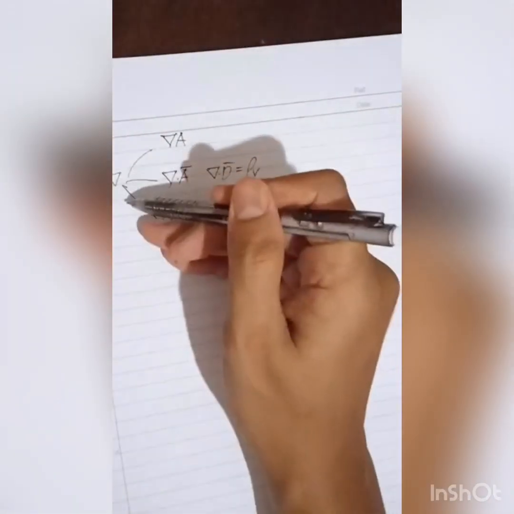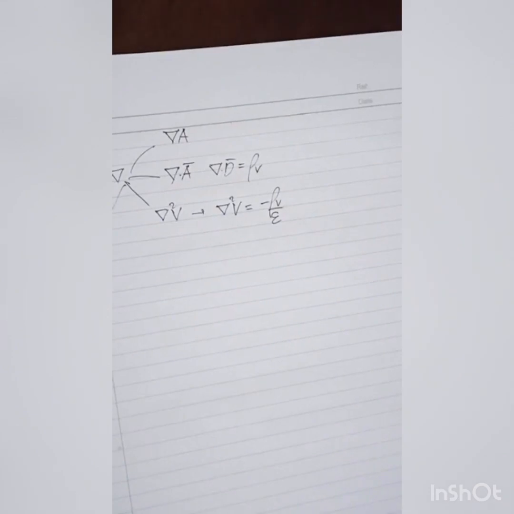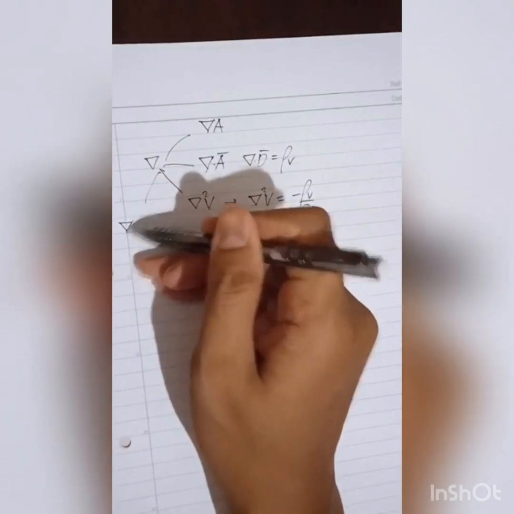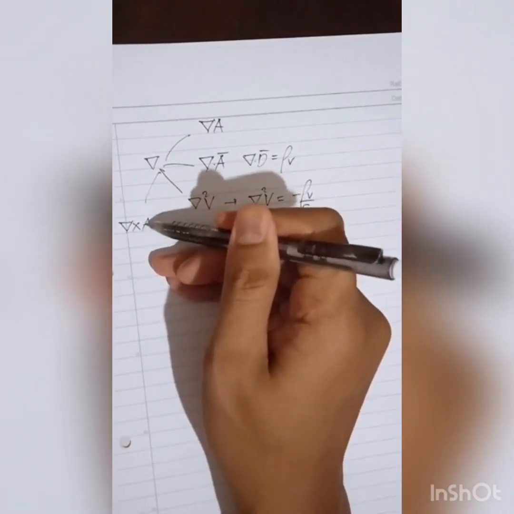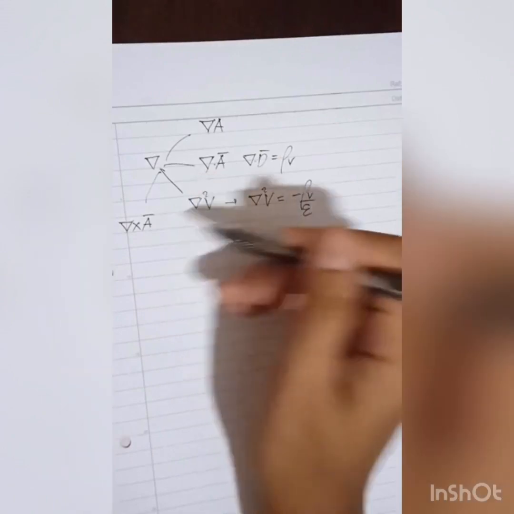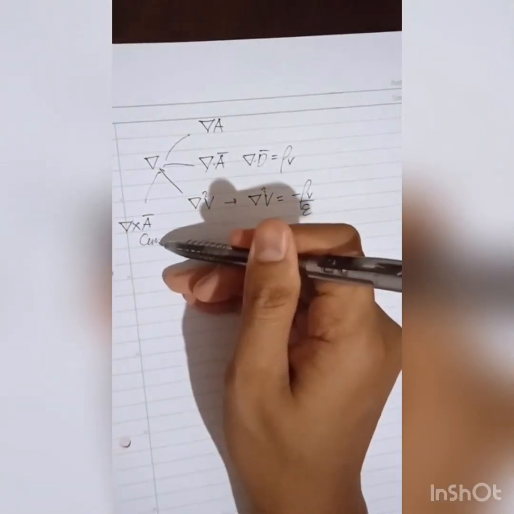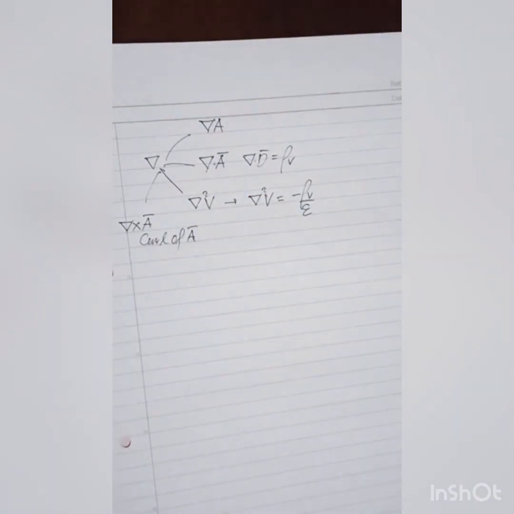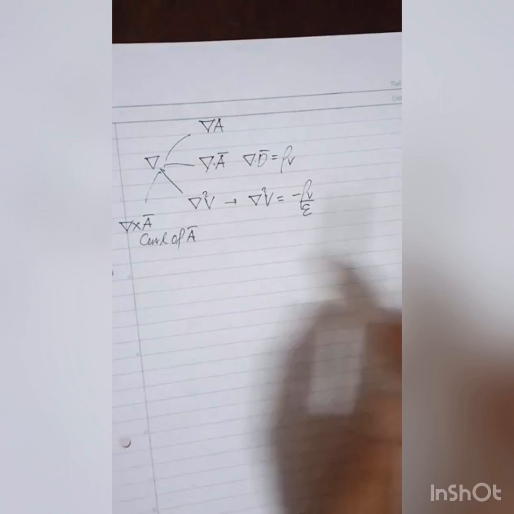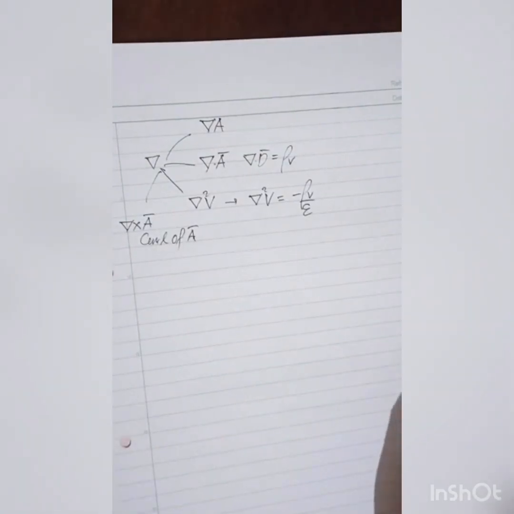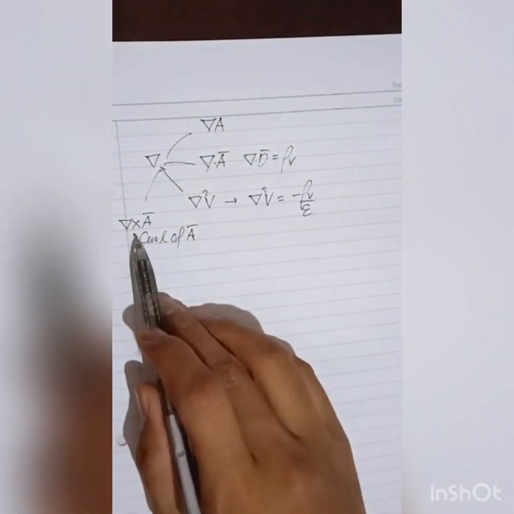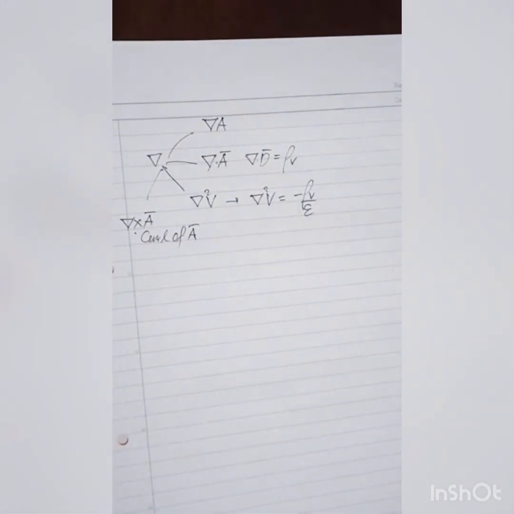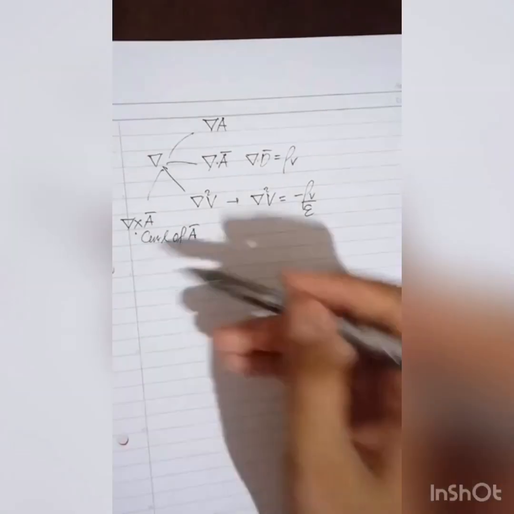And lastly, I want to show you the fourth operation that del has, which deals with a cross operator, which is del cross any vector. So now we have the name curl of A. If you want to pronounce it, just curl of A. Alright. So now I want to show you how we model the H field using this fourth operation of del. In this case, our vector is now H. So we have two H already.